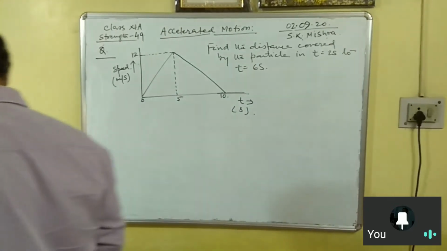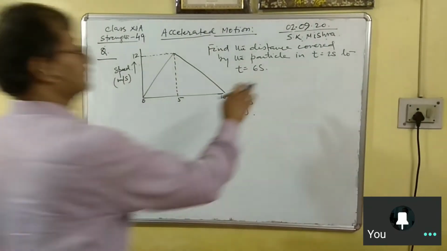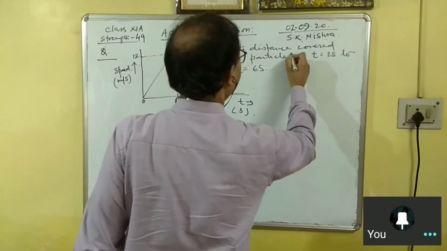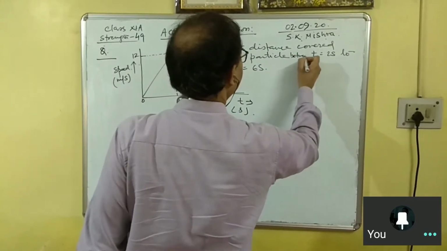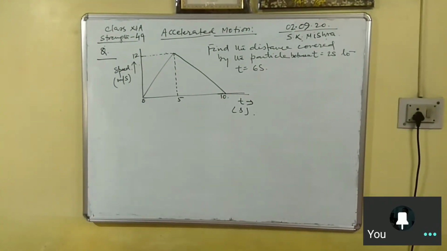This is the question. The interval is between t is equal to 2 seconds to t is equal to 6 seconds.